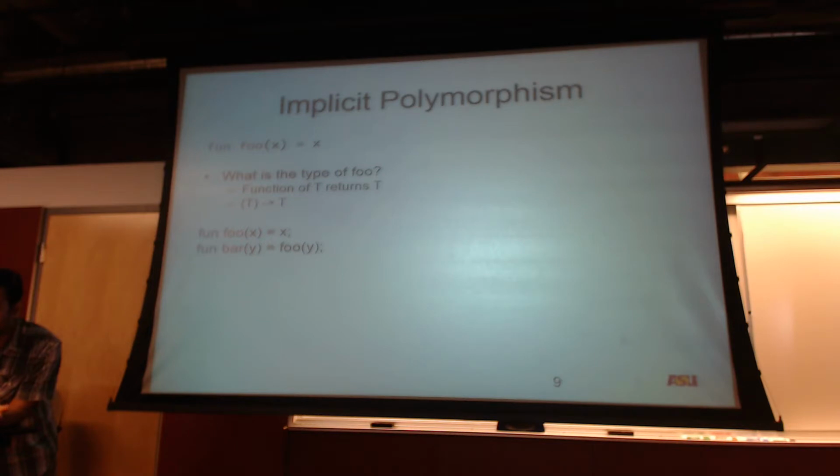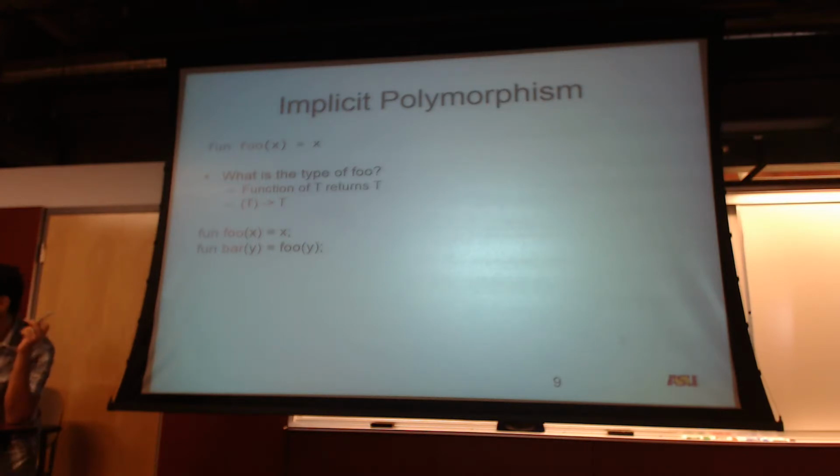If you follow the function, what does bar return? Foo y returns y. So if foo y returns y, what does bar y return? Y. It also returns y. So the return type of bar is what? T. Right?